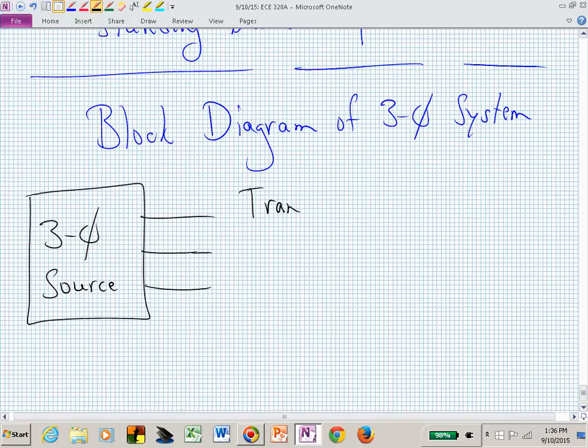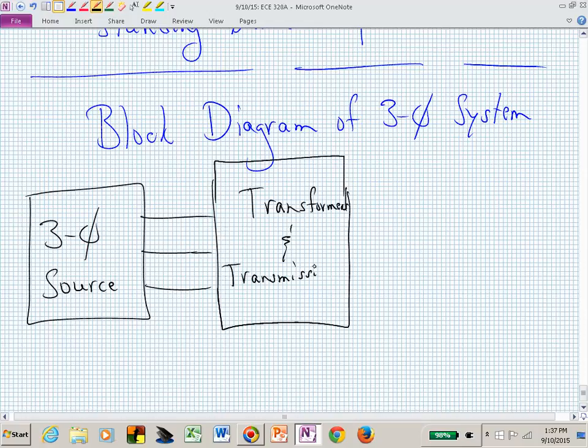Maybe we have a neutral if we have a Y connection. We have three wires that now need to go through this transmission system. Maybe we want a transformer to raise up those voltages to get them really high. So now we might have transformers and transmission lines. And then we go over to our three-phase load or loads.